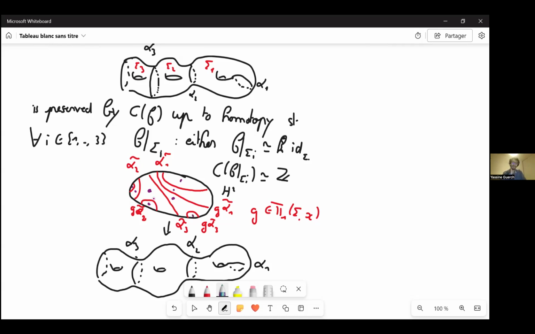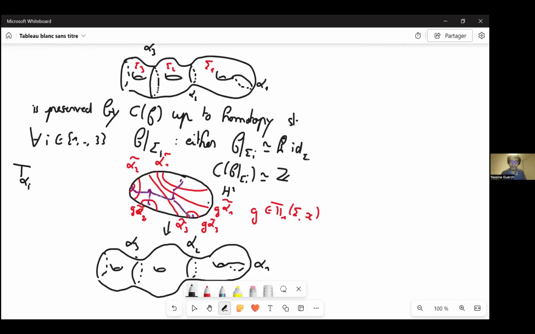And two points are adjacent when they are separated by a bi-infinite geodesic representing one of the alpha i's. And what you obtain is a tree, which depends on the alpha i's.